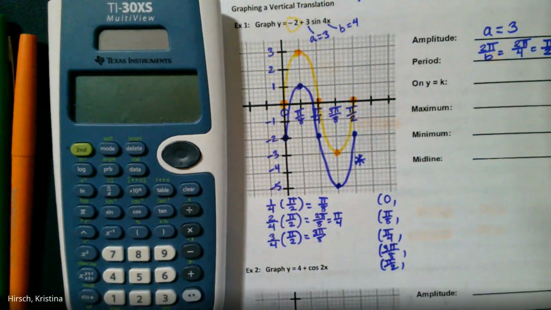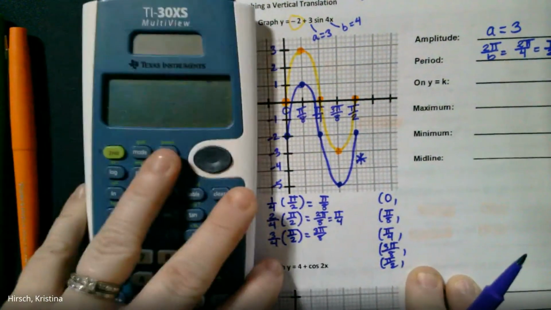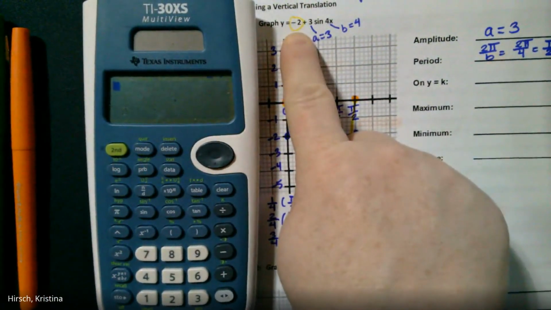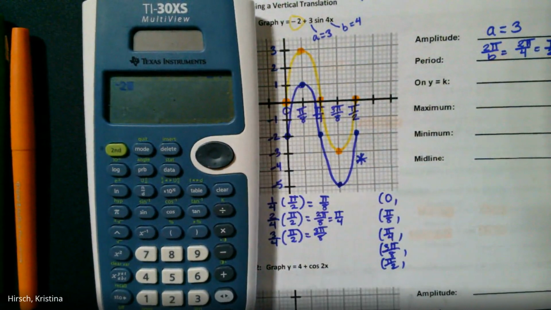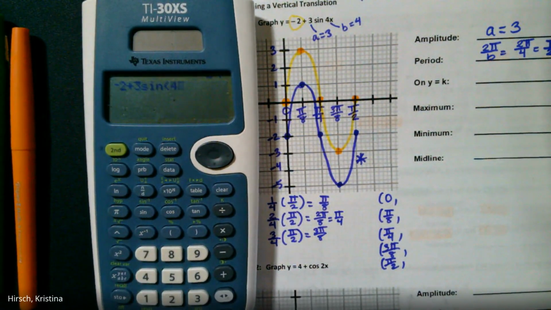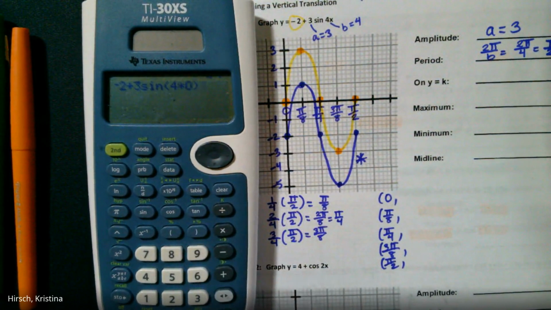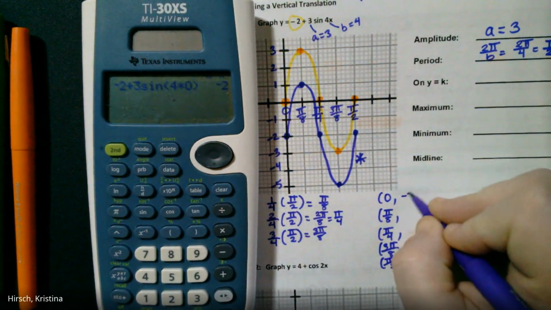All right, so turn on my calculator. Okay, so I would have -2, because that's in my function, -2 plus 3 sine of 4 times 0. And I got -2.